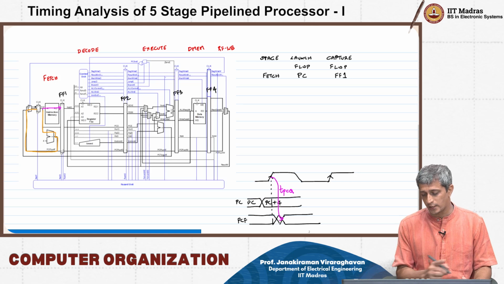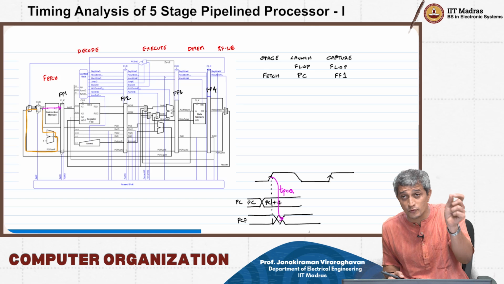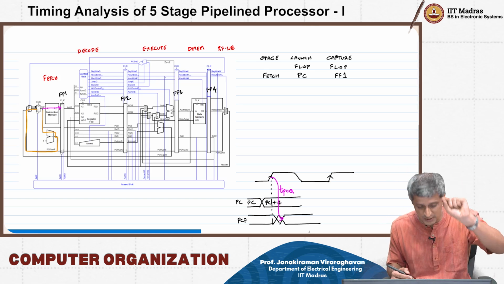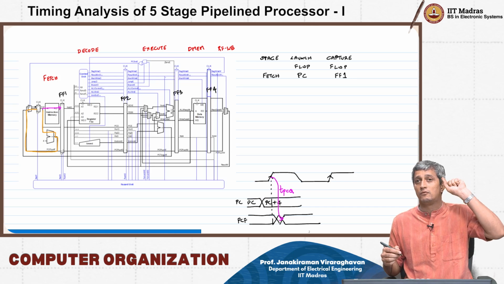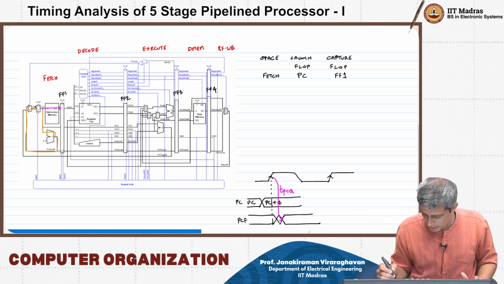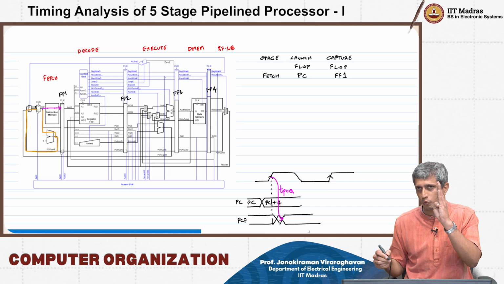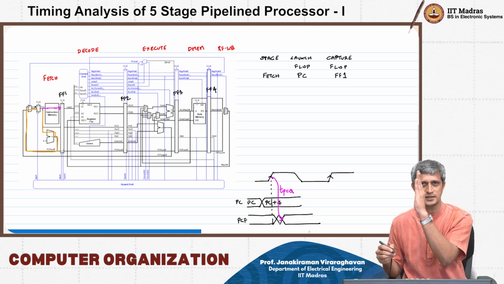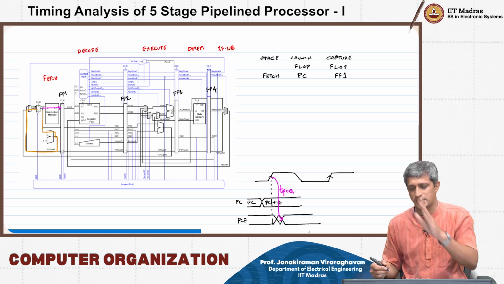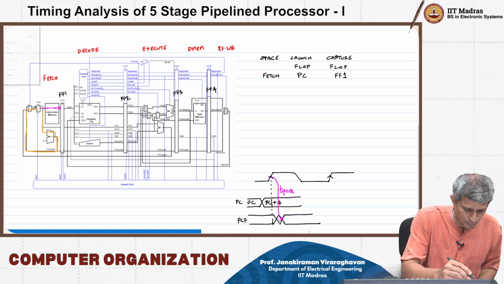Okay, then that address will go into the instruction memory, it will fetch it and will appear on the RD bus, well, after the TMEM. Okay, so that is what is going to happen here. So the input of flip-flop 1 will see the data stabilize TMEM after PCF.